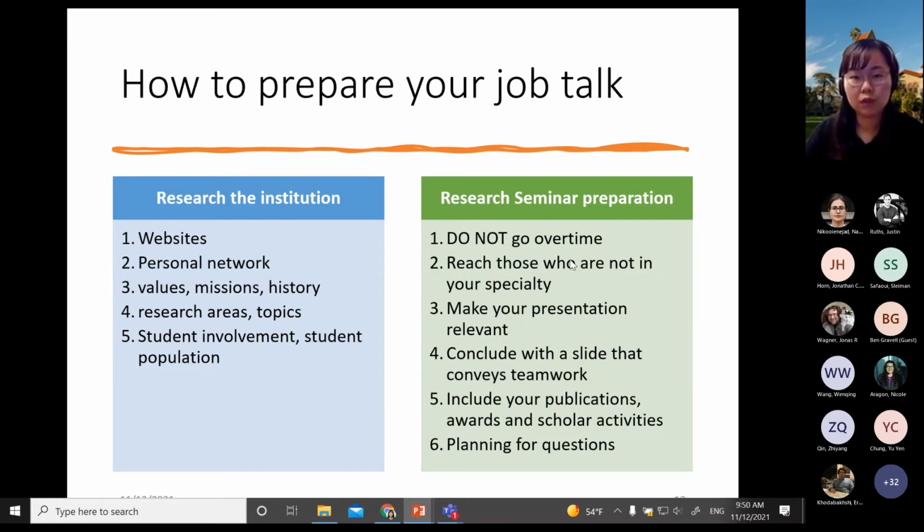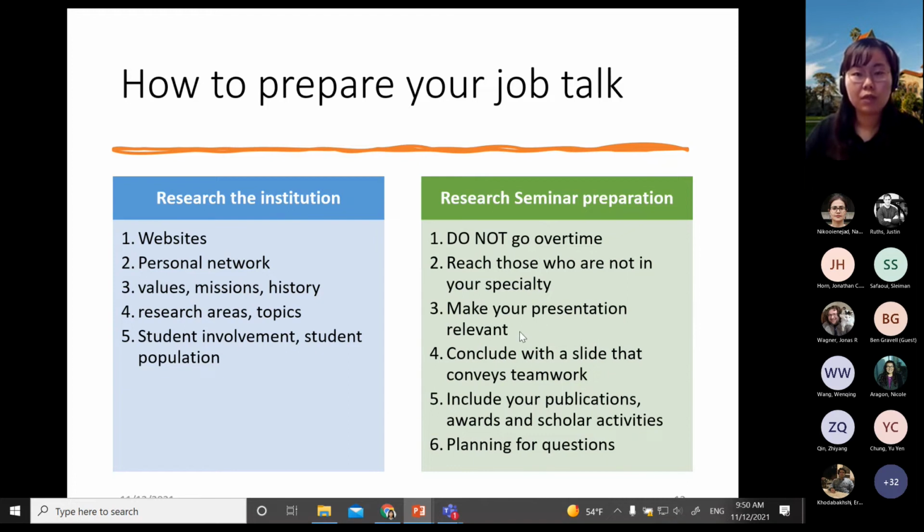Don't just put technical details in the research talk, and don't treat it as a dissertation, because these are not your committee members. These are the audience from all the faculty in the department and all the graduate students. So you have to reach those who are not in your specialty.